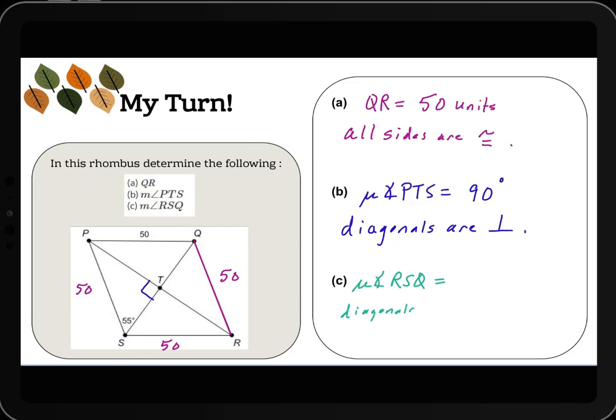So the diagonals bisect the angles. And remember that that means cut into equal halves. That's what the word bisect means. So if this is 55 degrees, then that also is 55 degrees as well. So we have a 55 degree angle for that particular value.